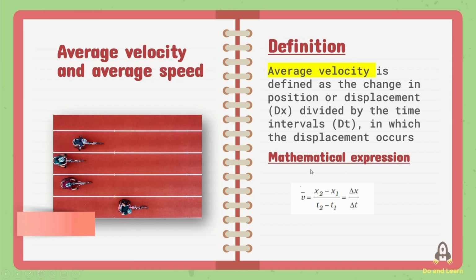We are considering two positions, x1 and x2, and two times, t1 and t2. We find the difference between the two points, delta x. Delta we always use to find differences, and delta t. This will give the velocity. The bar indicates average velocity.